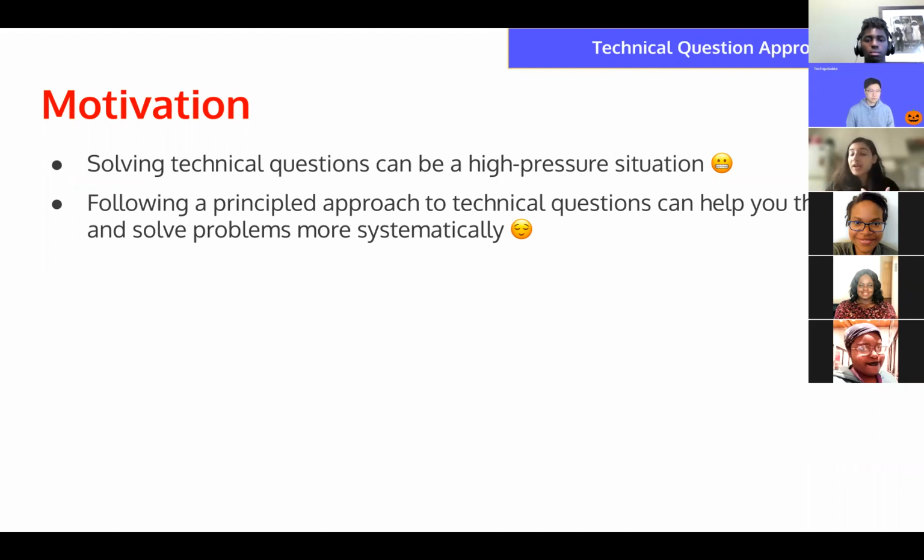If you don't know it, you can work through it, but you need a system to help you work through it, especially if you're not sure at first. That way you have a method you can follow to solve the problem. As you practice it, this will continue to be helpful in lots of different technical problems.